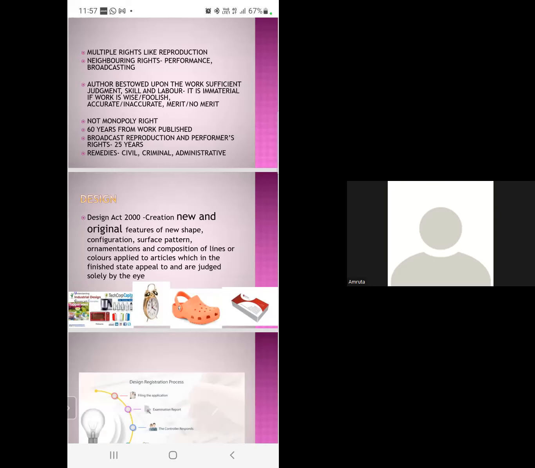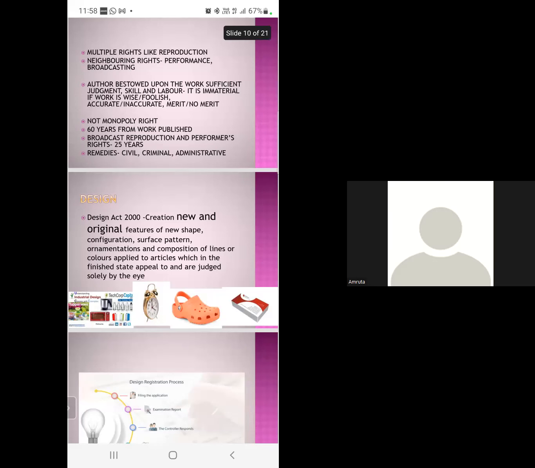The clock, or the Crocs, or the packaging, or any design of a bottle, or any manufactured item like a mixer, or a chair, or any furniture: that design in itself, not the product, just the design, you can get protected, and that comes under the Designs Act 2000. So it should be a new and original product, and a new and original shape should be there.